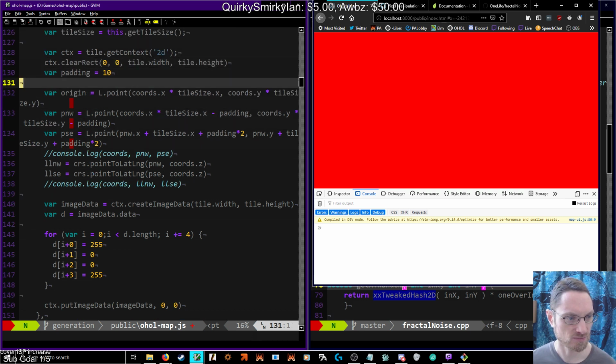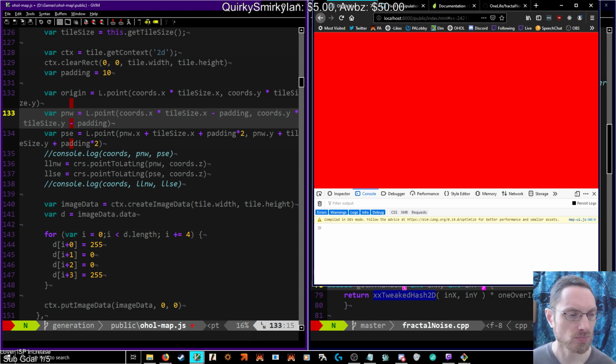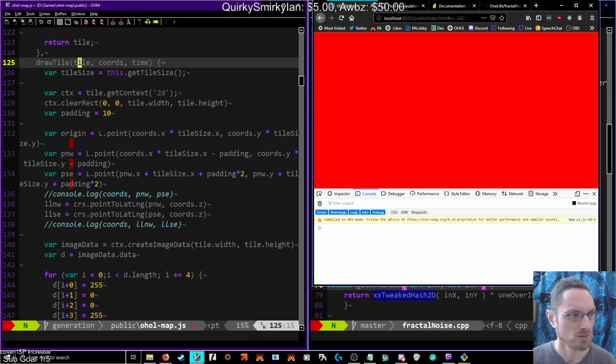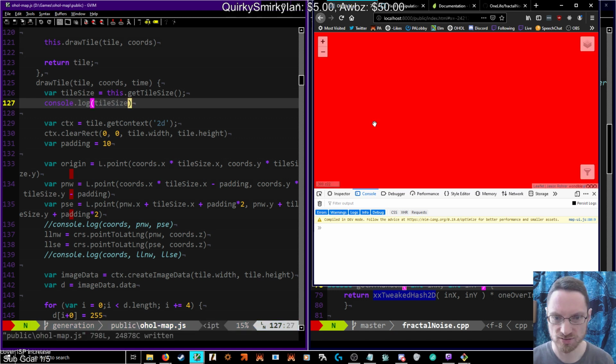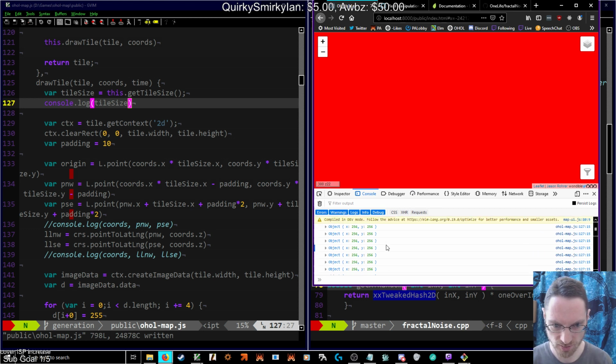So what we were doing before was getting the bounds. Well, based on tile size, what I did before in the mapper, so is this the stride?